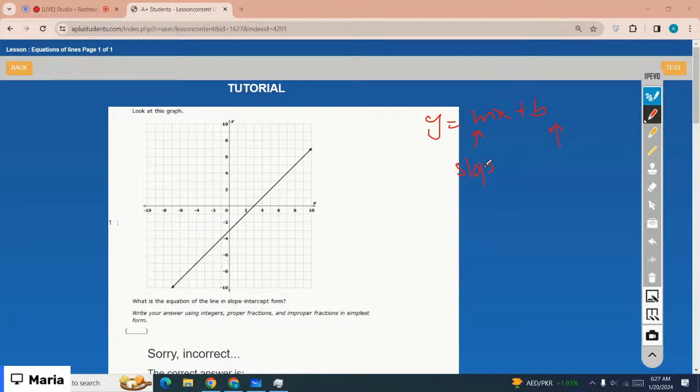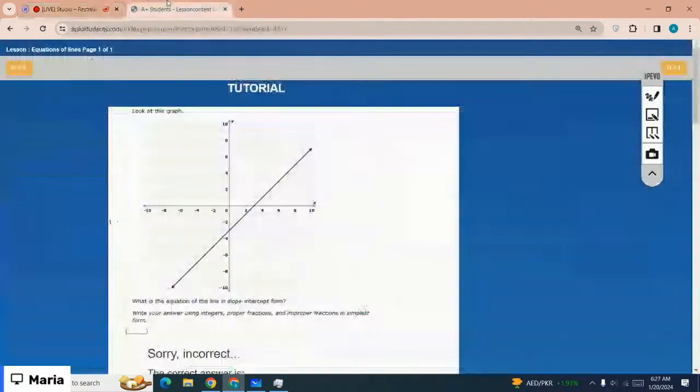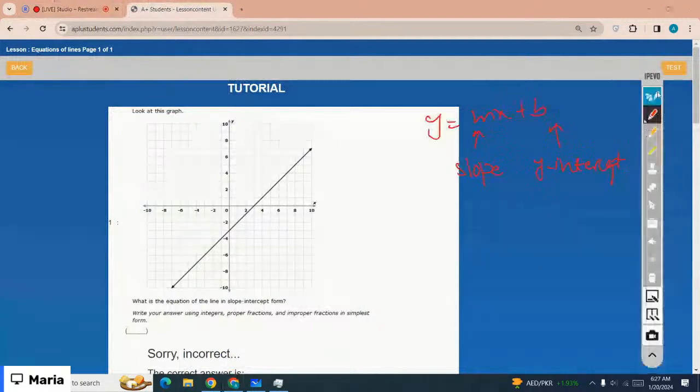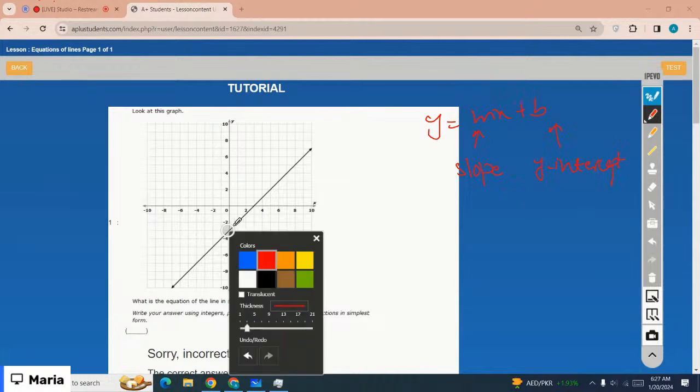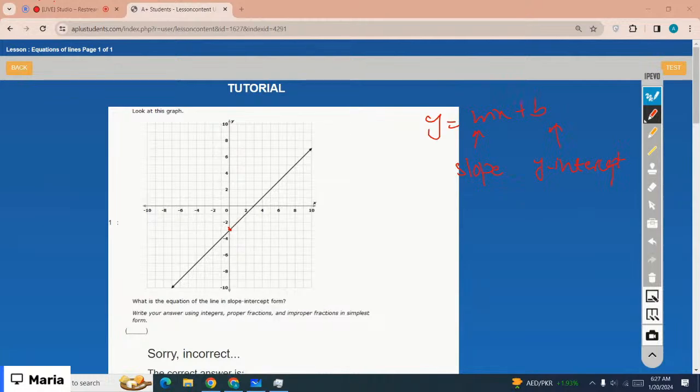M is the slope and b is the y-intercept, the point where the graph is touching the y-axis. Here is the y-axis and here is the point where the graph is touching the y-axis, that is negative 3. So the y-intercept is negative 3.